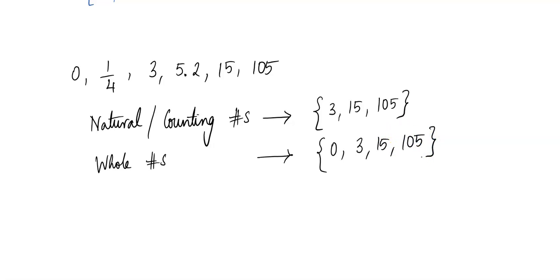Notice how we ignored the 1 over 4 and the 5.2, because this is a fraction and this is a decimal. We'll be looking at these things in detail. But because this is a fraction, that's a decimal, they do not come under these categories, natural or whole, right? So we got that.